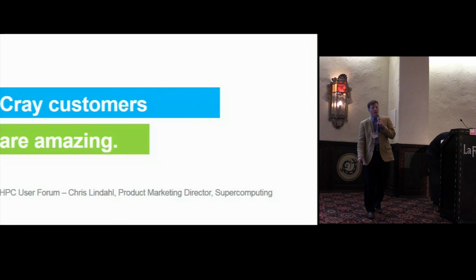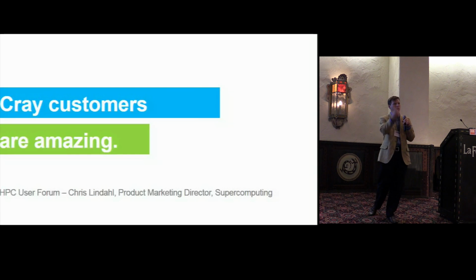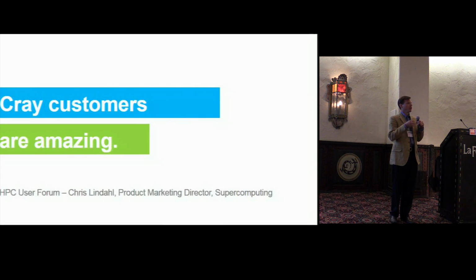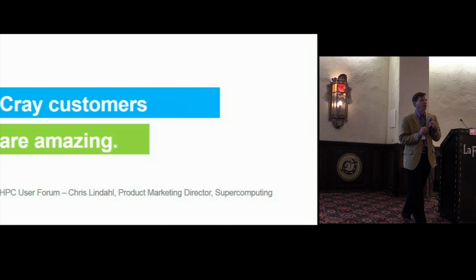I want to start by saying there was a great question this morning about whether or not we were seeing a fork in the architectures from one type of computing, traditional HPC simulation, and big data computing. At Cray, we don't think that we're seeing a divergence there, but we are seeing it at the microarchitecture level, perhaps.